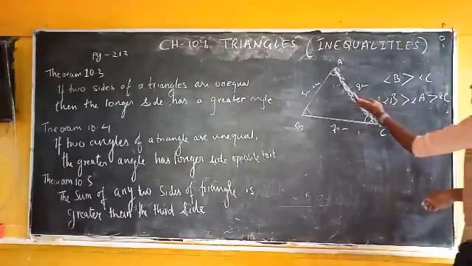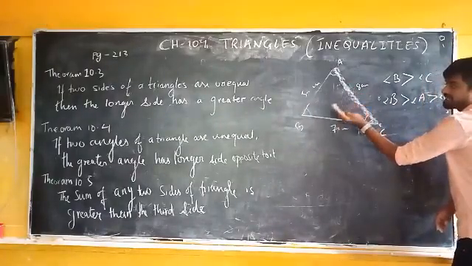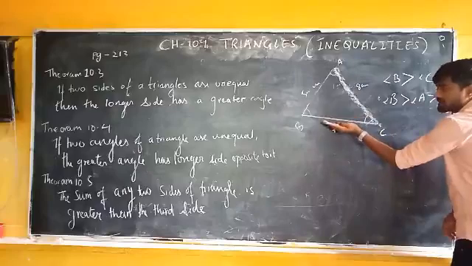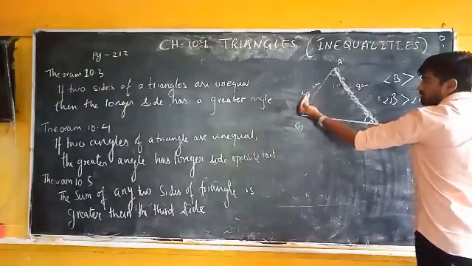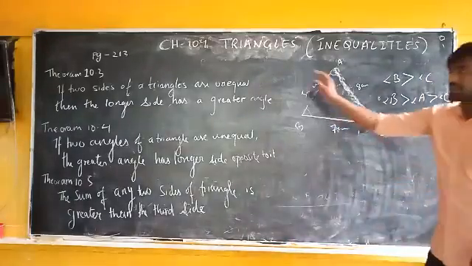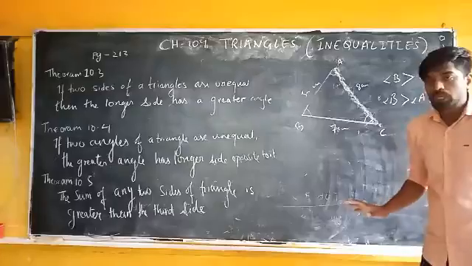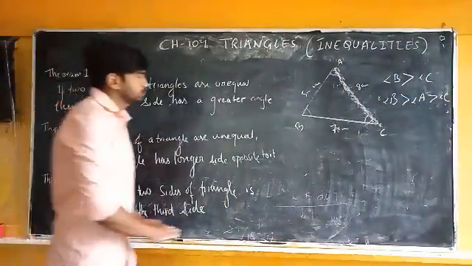B is the greatest because it's lying opposite to the longest side. Then A is lying opposite to the second longest side, and C is lying opposite to the shortest side. Write this theorem down in your notebook as well. So that was theorem 1.